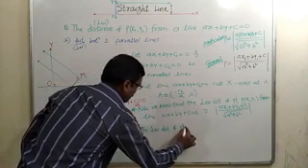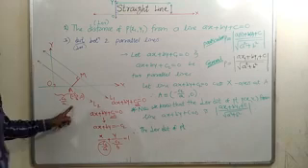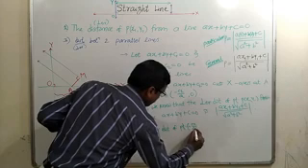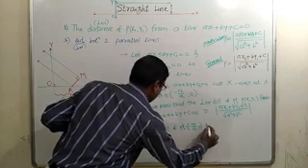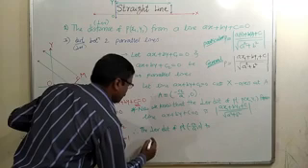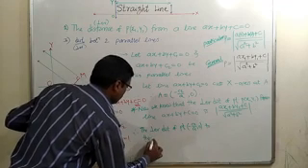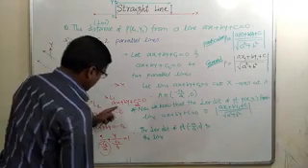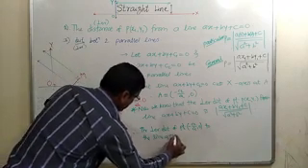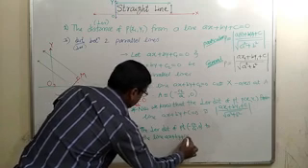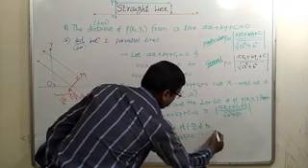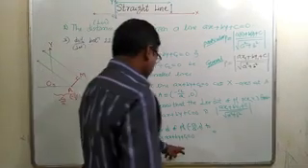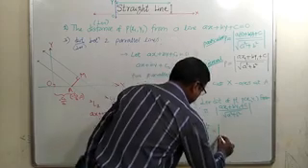the perpendicular distance of point A (minus c2 upon a, 0) to the line ax plus by plus c1 equal to 0, using the same formula.